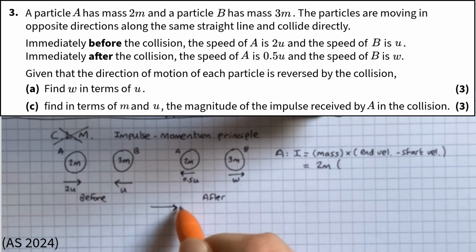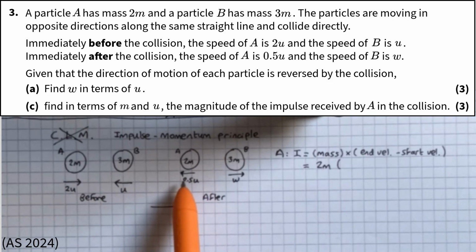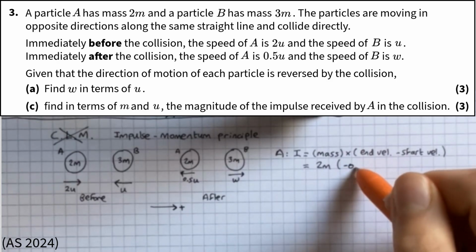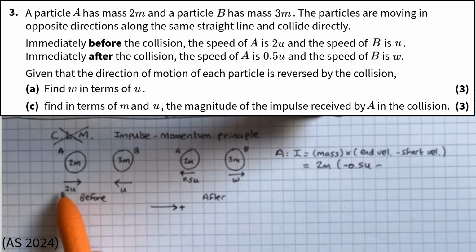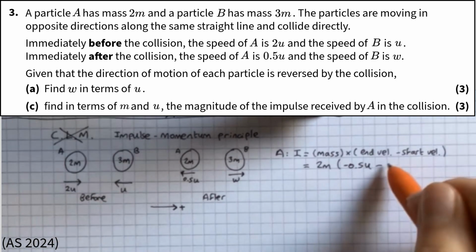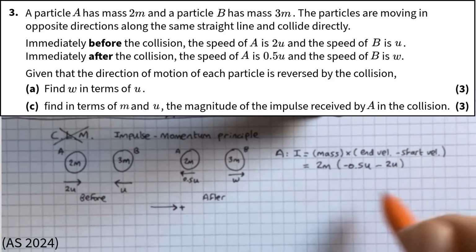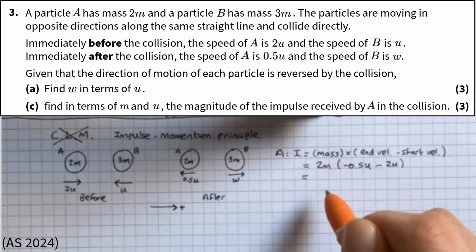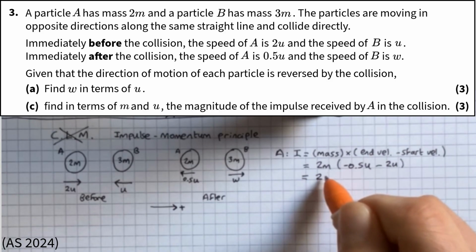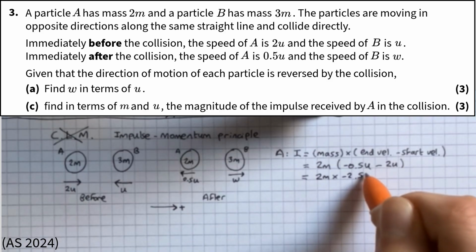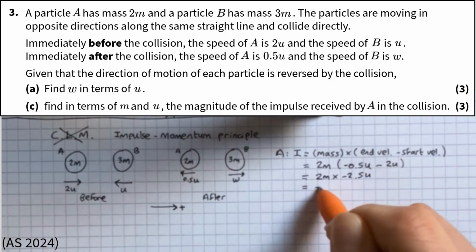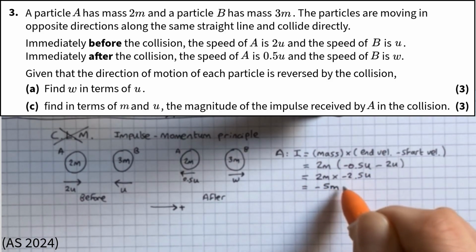I'm going to get positive to the right as usual. So this 0.5u is the wrong way around. So the end velocity will be minus 0.5u. The start velocity is in the same direction, so it's going to be minus 2u, like this. If I simplify this, it will be 2m times by minus 2.5u, which will be minus 5mu.